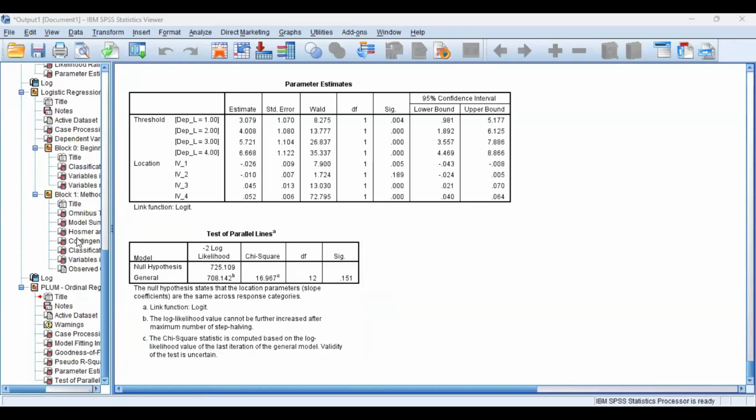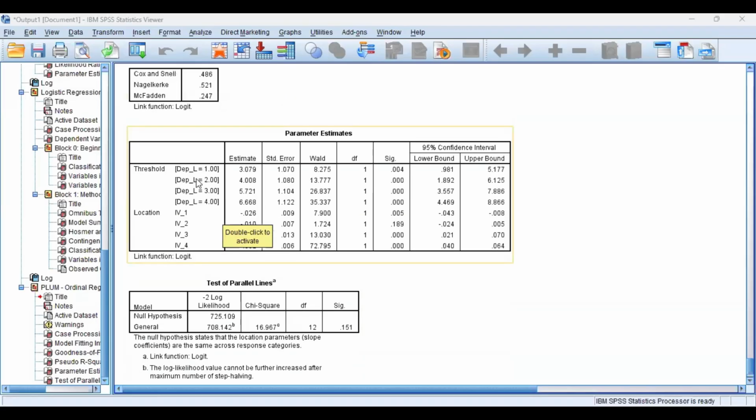If it is significant, you can either change your model, for example, maybe you remove some of the variables from your model and see if the model can work better and become non-significant, if, for example, you remove the insignificant variables. Or you can also run the multinomial logistic regression if this is violated, because one of the signs when it's violated is that there might not be a good order between the levels of your IV.